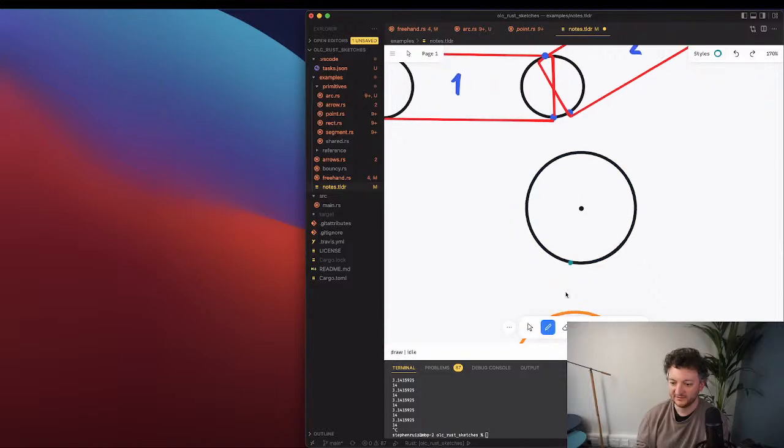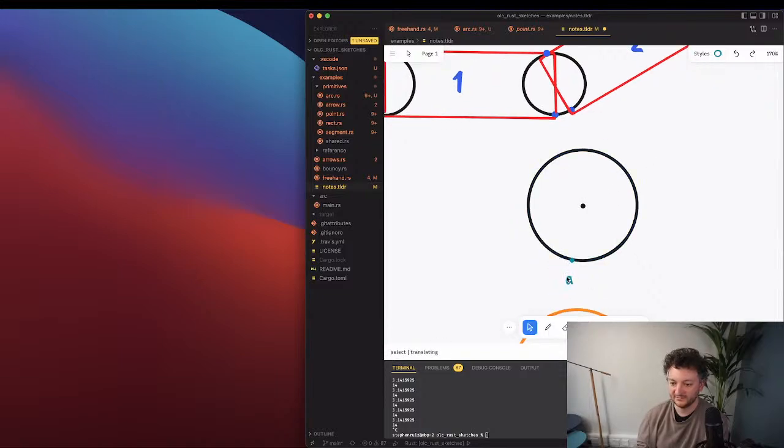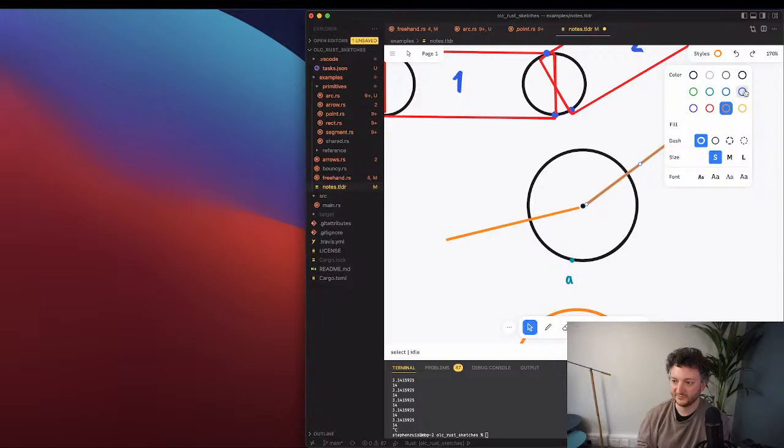We have, let's call this A. Well, hold on a second. We have a couple lines, right? I'm going to run out of colors, but let's go with this.